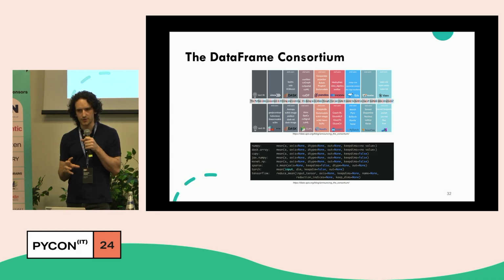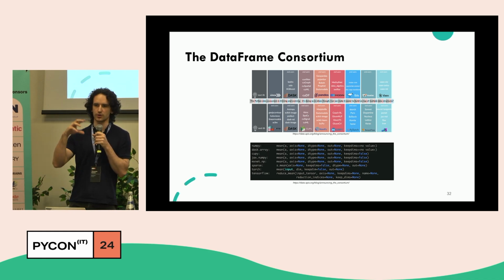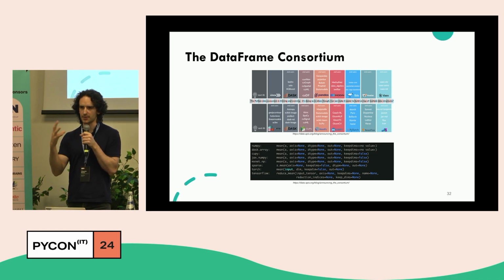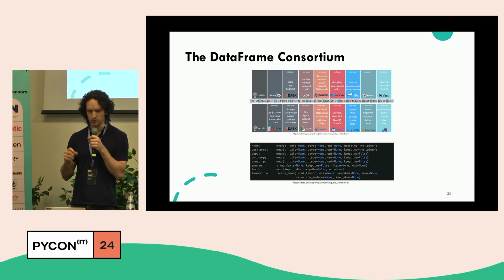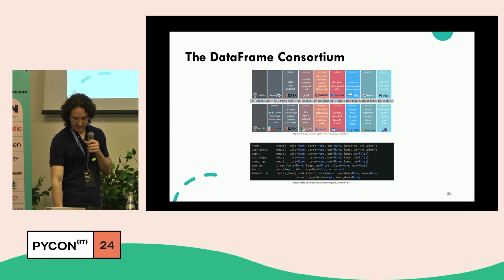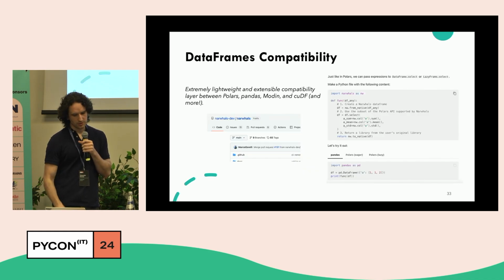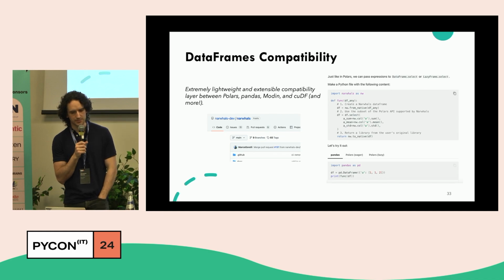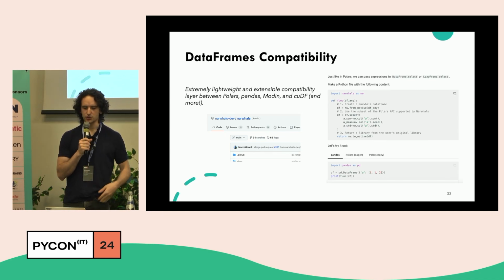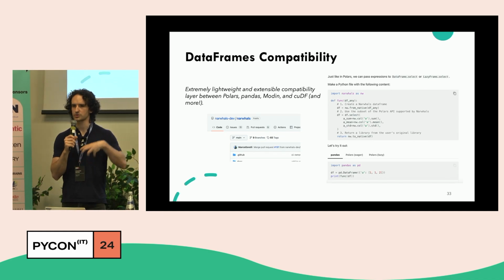I heard about these DataFrame consortiums. I had a look. They're trying to create standards. I'm not sure how much they will achieve, because some other consortiums tried to do the same for some other languages in the past. In this case, I see them making some progress, but apart from this, there are also some other packages, and you will probably hear about this in the next presentation, that are trying to create standards across all these packages you can use to manipulate data.